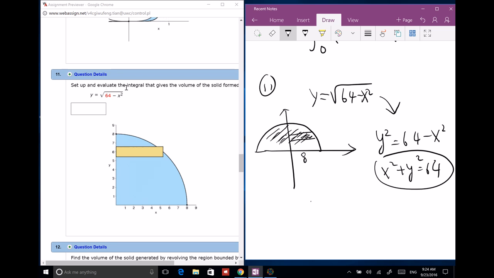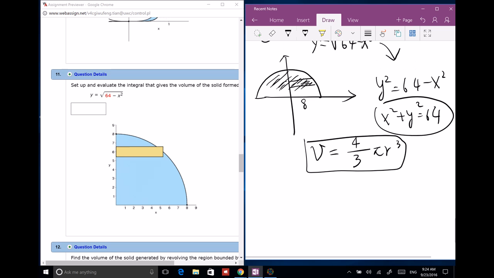The volume of the whole sphere is 4 over 3 pi r cubed, and we just need half of that. So V equals 1/2 times 4 over 3 times pi times 8 cubed.